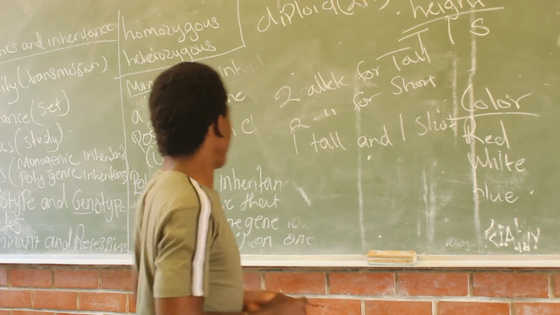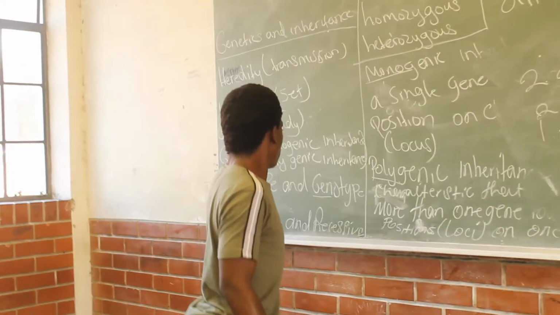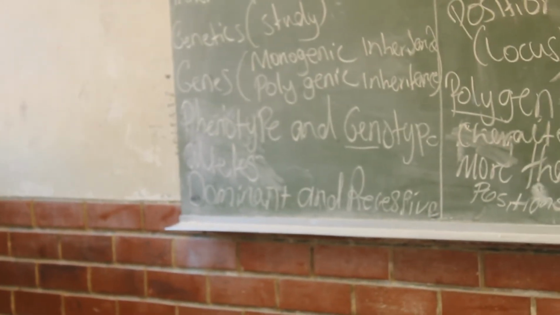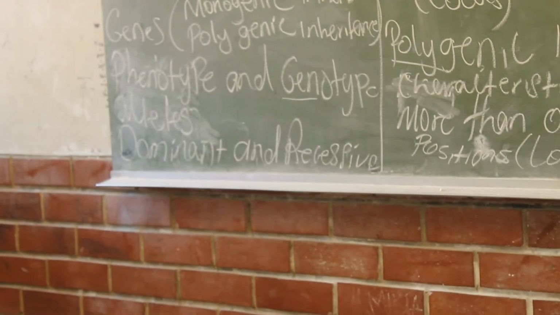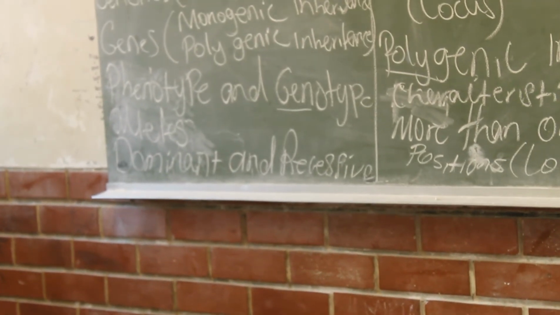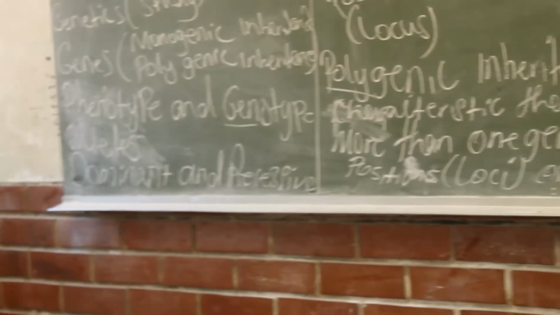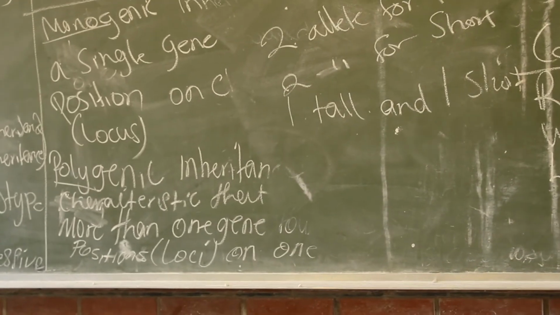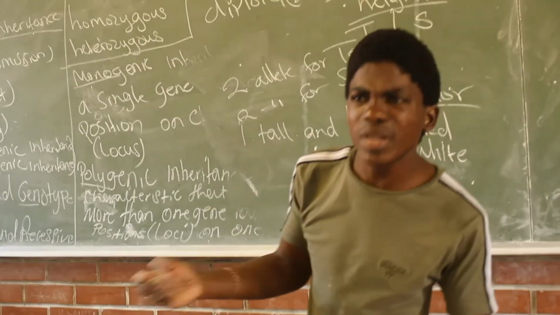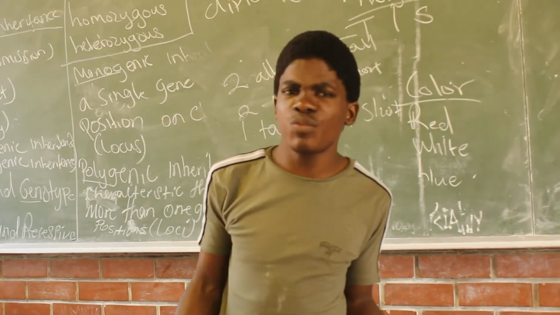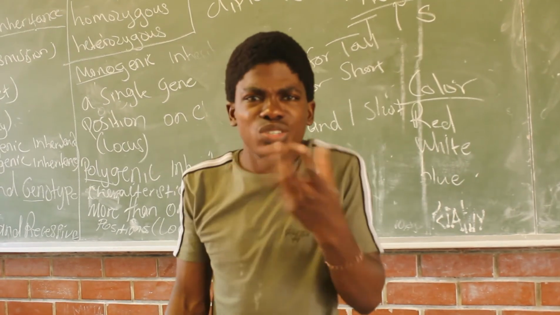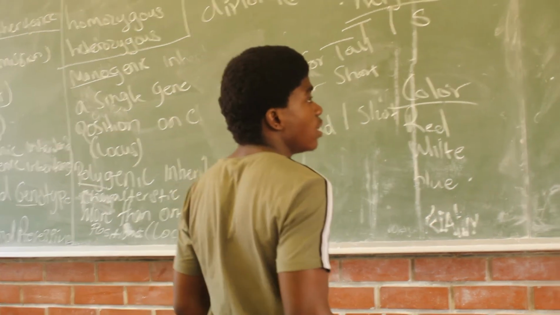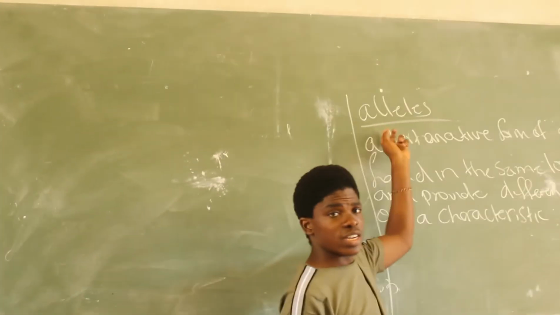Now we are going to the next part, which is dominant and recessive. When we talk about dominance and recessivity, what are we talking about exactly? What does being dominant and being recessive have to do with genotype, with genetics? Dominant and recessive are English words, but what role do they have in genetics and inheritance? We already know that we have alleles.